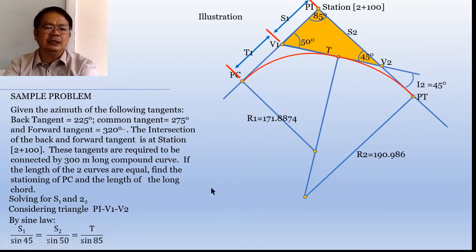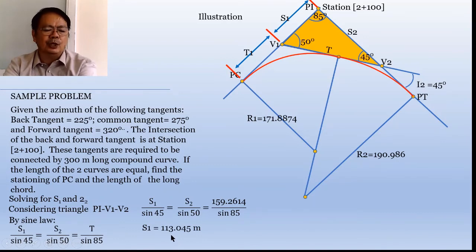So by sine law, we have S sub 1 over the sine of the opposite angle, sine 45, equal to S sub 2 divided by sine of 50 degrees, equal to the value of T, which is already known, over sine of 85, the opposite angle. When we substitute the value of T at 159.2614 into the equation, we can solve for S sub 1 at 113.045 and S sub 2 at 122.4673.